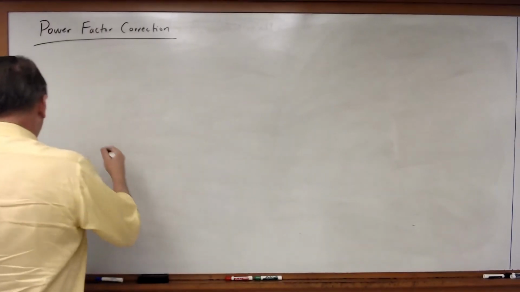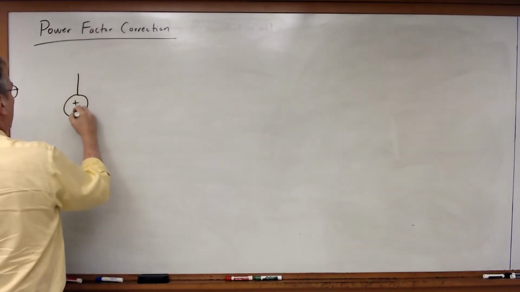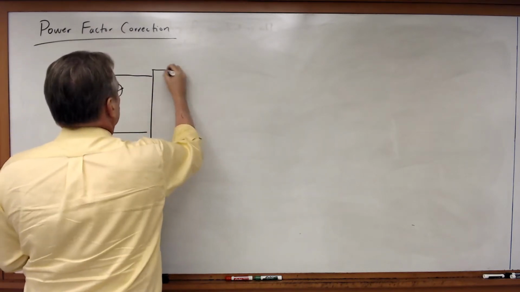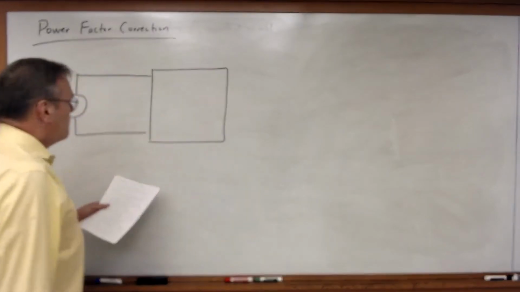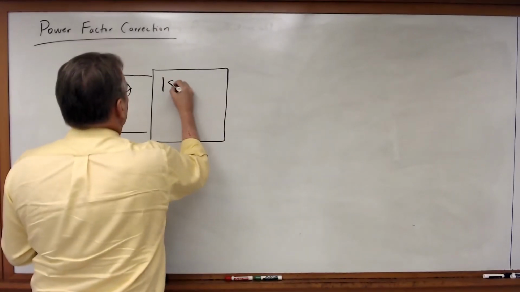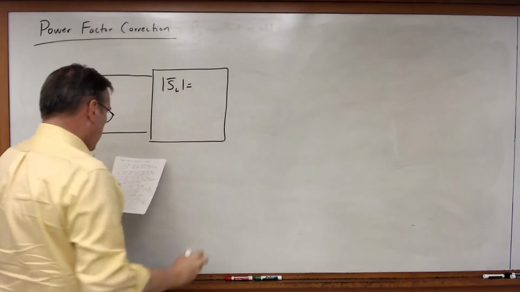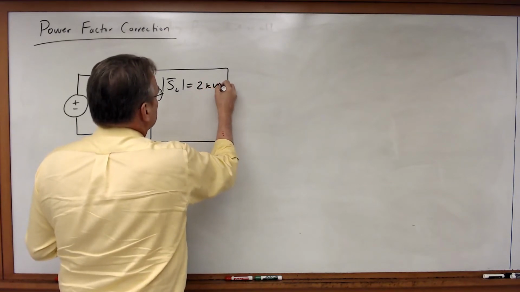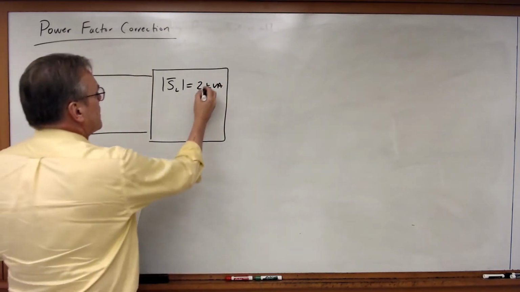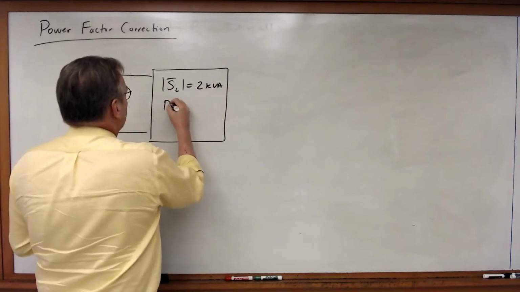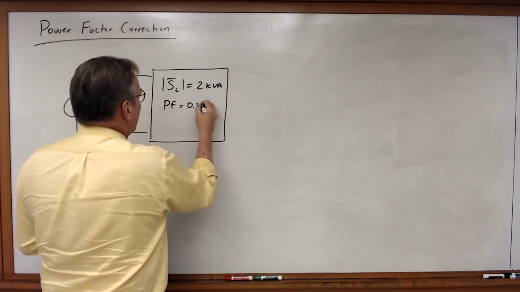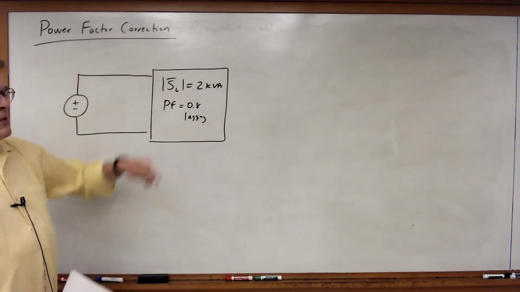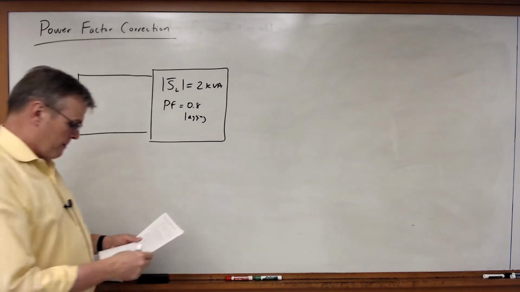Let's consider the following problem. We've got a load, and for this load, I'm going to assume that the apparent power is 2 kVA, 2,000 volt amperes. And the power factor is equal to 0.8 lagging. So given this, what does this tell us about our load?